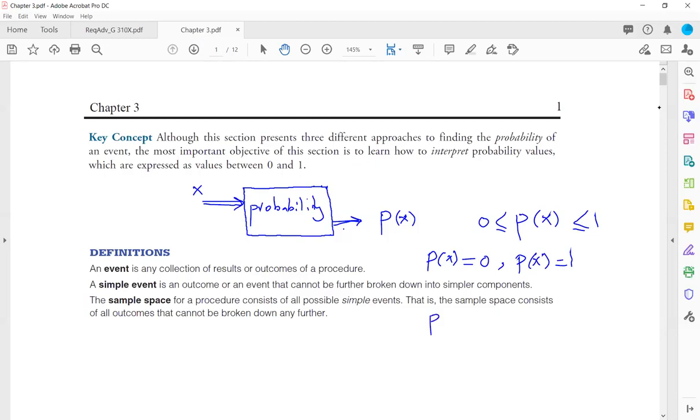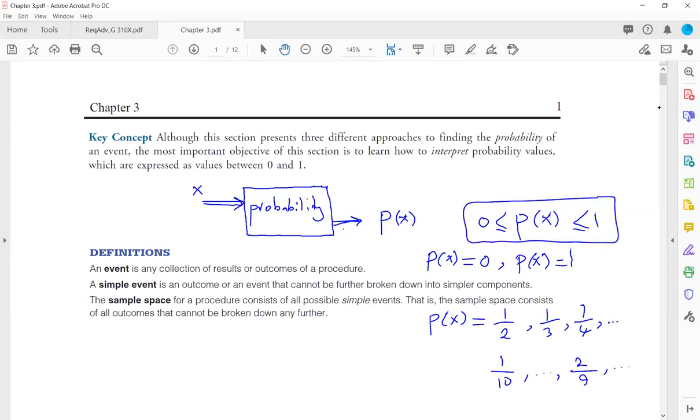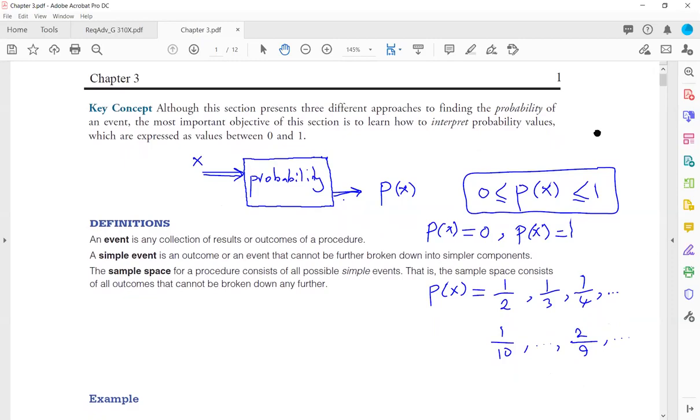You can also have probability of x equal to a half, a third, a fourth, 1/10, 2/9. Any number, any fraction, any decimal that is in between 0 and 1 is an acceptable probability. Note that you do not have probability equal to -1. You do not have probability greater than 1.